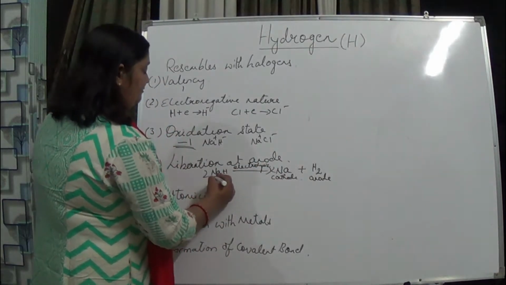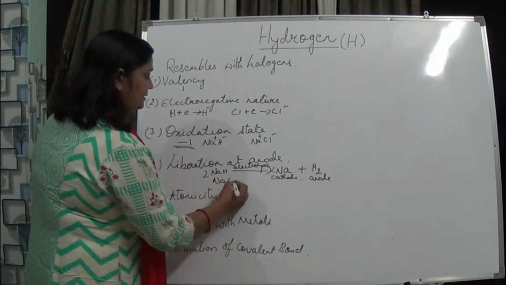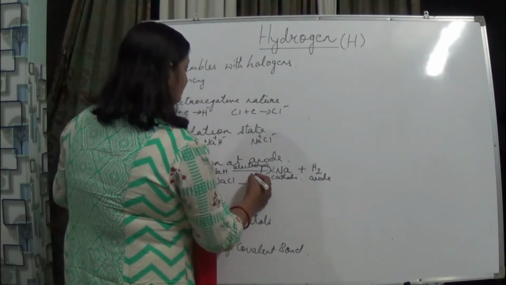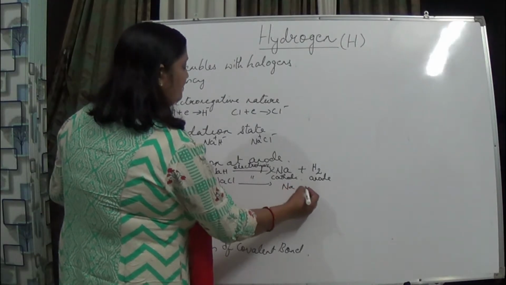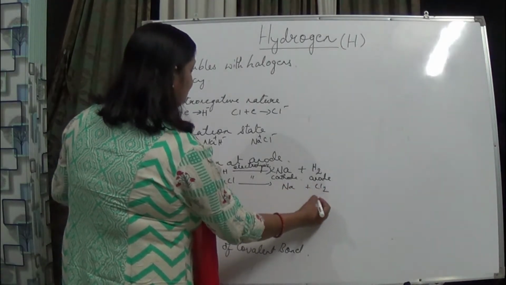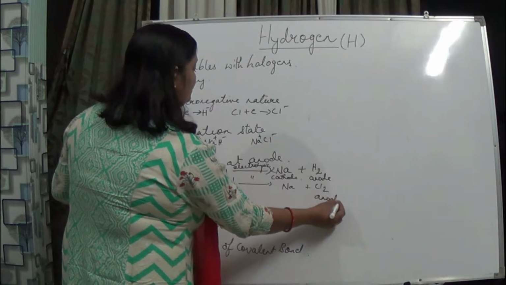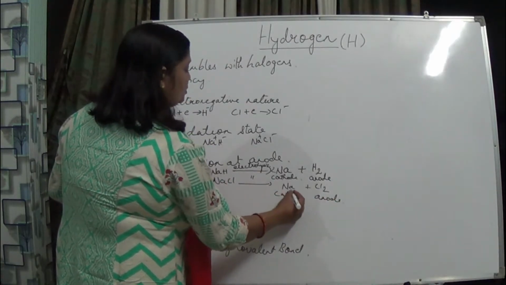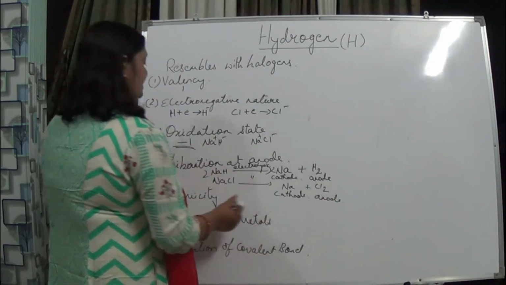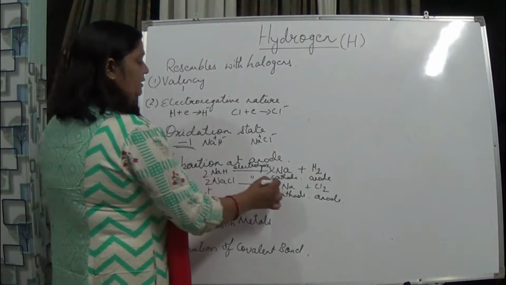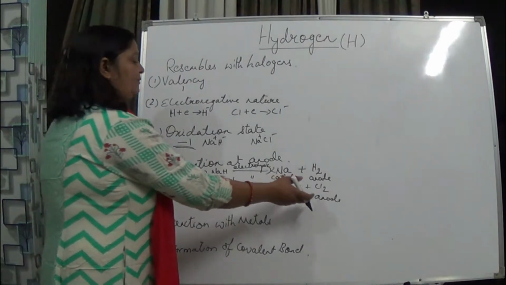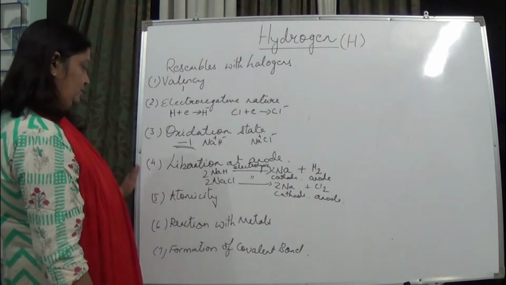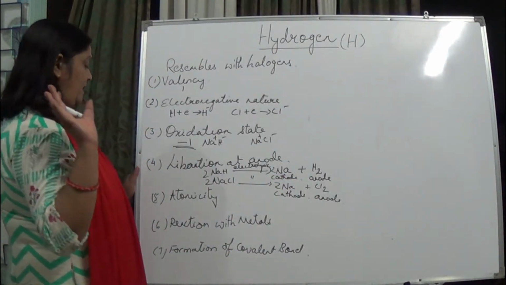Now if we take NaCl electrolysis, you get Na plus Cl2, Cl2 at the anode and Na at the cathode. So both hydrogen as well as halogens can be liberated at the anode.